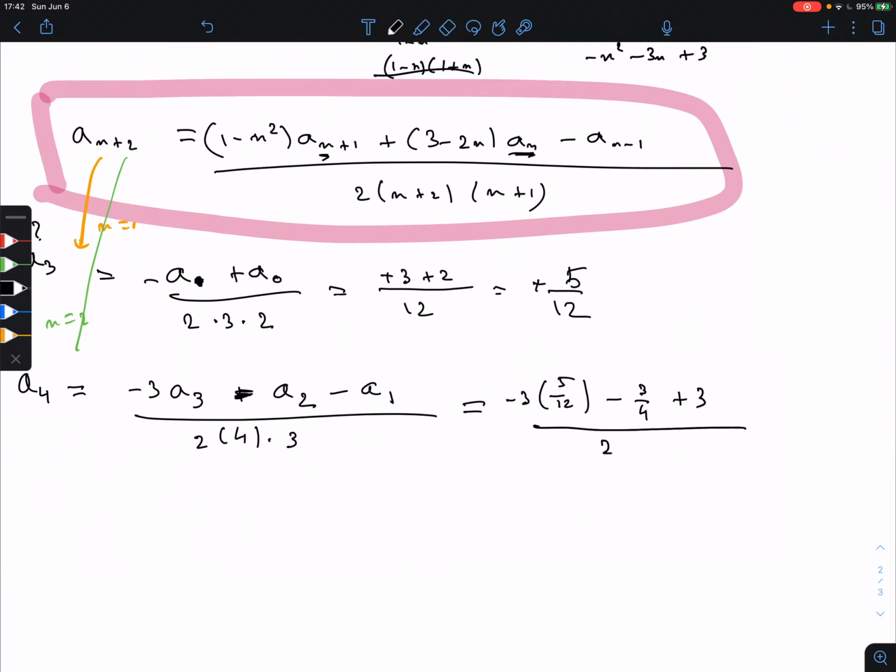Divided by 24. I think we still have a common denominator here. This cancels and I get a 4 here. So I get minus 5/4, minus 3/4, that is minus 8/4. So this is minus 2 plus 3 over 24, so that is 1 over 24. It comes out slightly nicer here. And again, I'm wrong. What is with me?